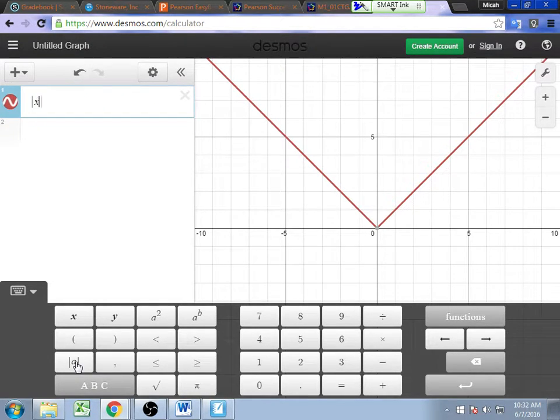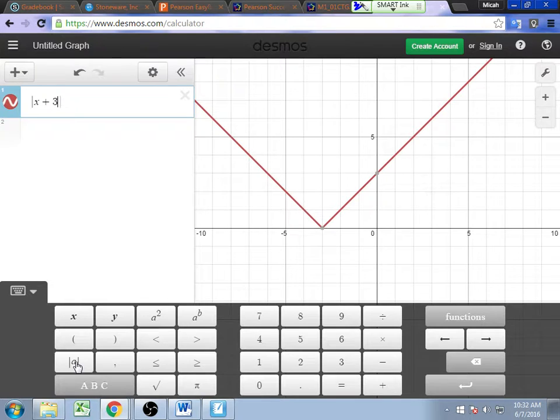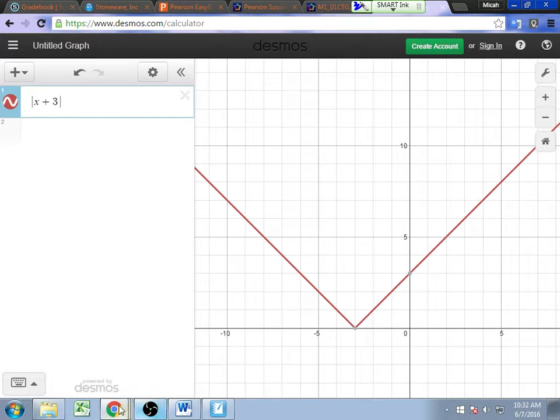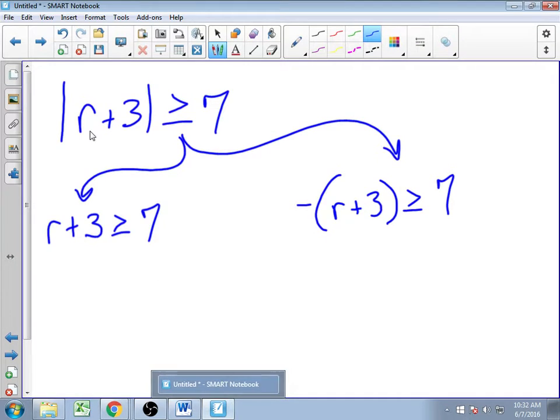Like a V shape? Yes, an absolute value graph is always graphing a V. So what this problem is asking us, the absolute value of r plus 3 is greater than or equal to 7, is when is the function absolute value of r plus 3 greater than or equal to 7.